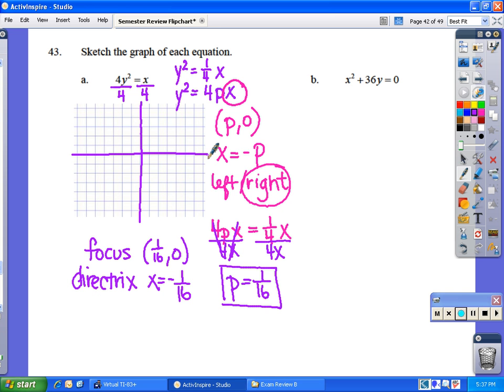On our graph, because 1/16 is so small, I think I'm going to make it 4 blocks to 1 unit, just so that you can really see what's going on. Therefore, 1/16 would be 1/4 of 1 block.